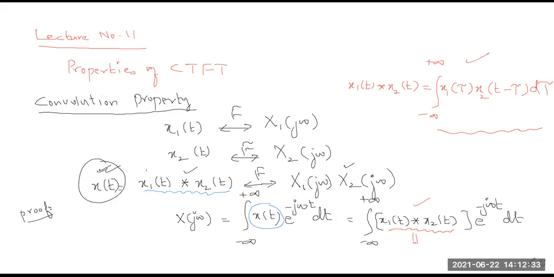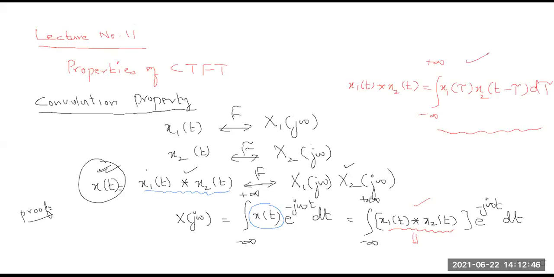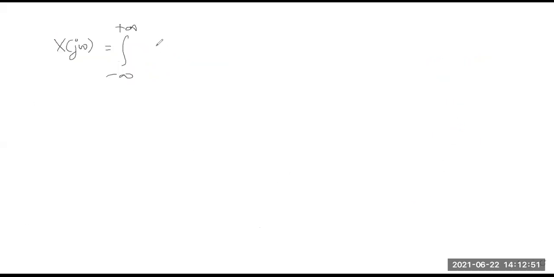Let's move to the next slide. So the Fourier transform then becomes the integral from minus infinity to plus infinity, and this thing is going to be replaced by another integration from minus infinity to plus infinity of x1(tau) x2(t minus tau) d tau, and then we have e power minus j omega t dt.